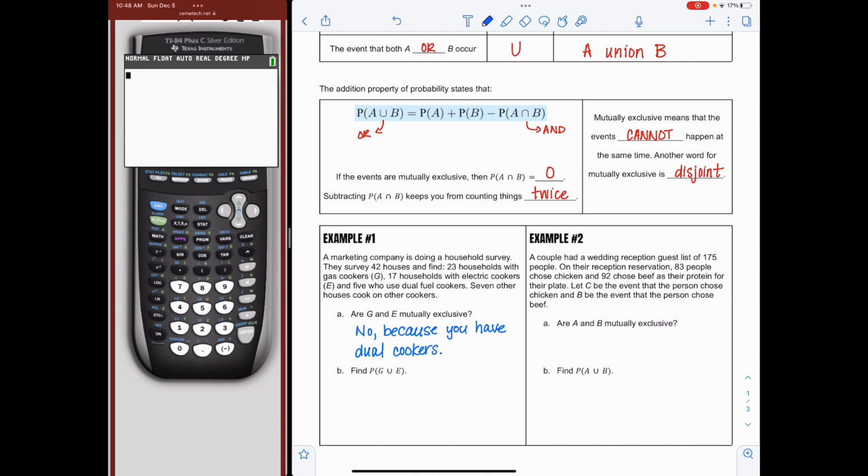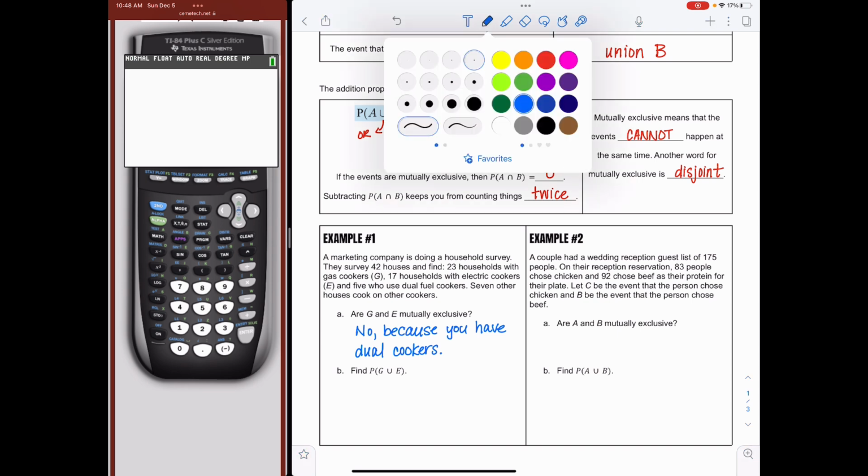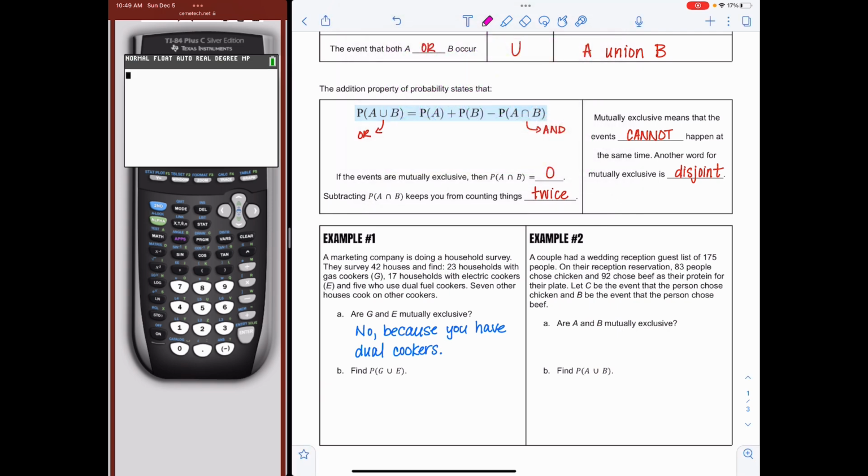All right. So part B says find the probability that you're going to have either a gas or an electric cooker. So what we have to do is add how many gas cookers we have: 23 households with gas cookers, plus the total number of homes with electric cookers, which is 17.